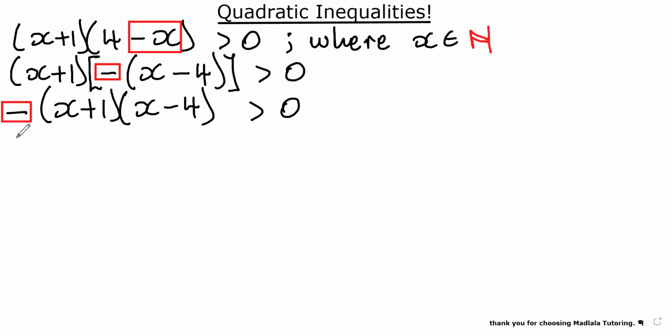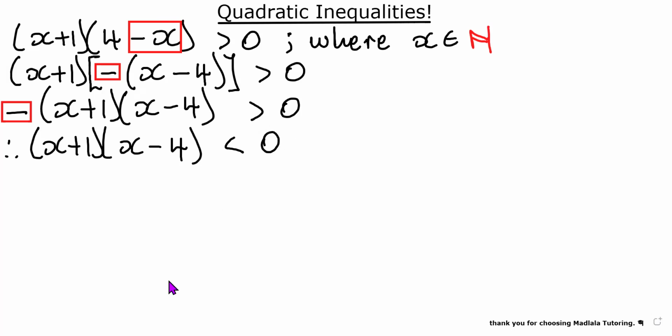So you divide by negative 1 so that you have x plus 1, x minus 4, but now you say this is less than 0, because we know that every time we divide by a negative number, the direction of the inequality sign will be reversed. Do you see that? Of course you do.